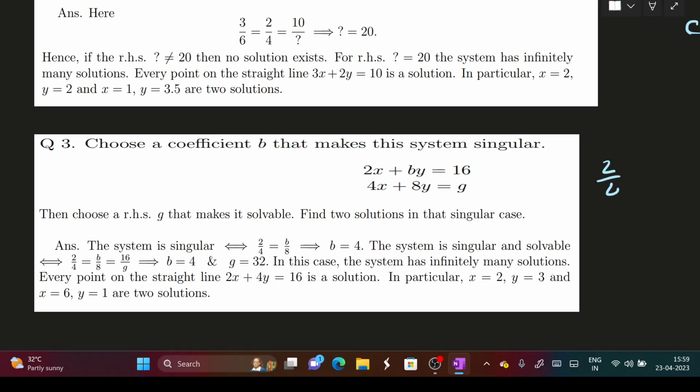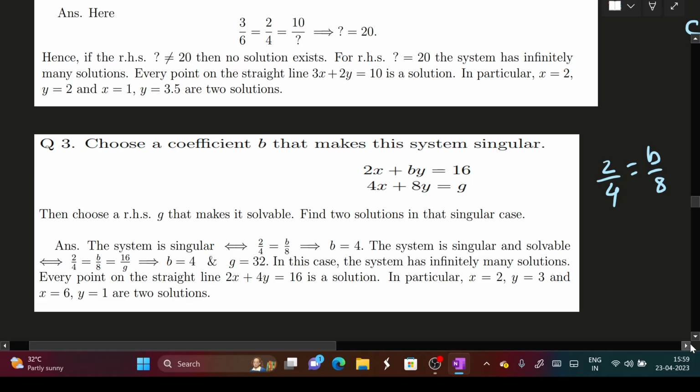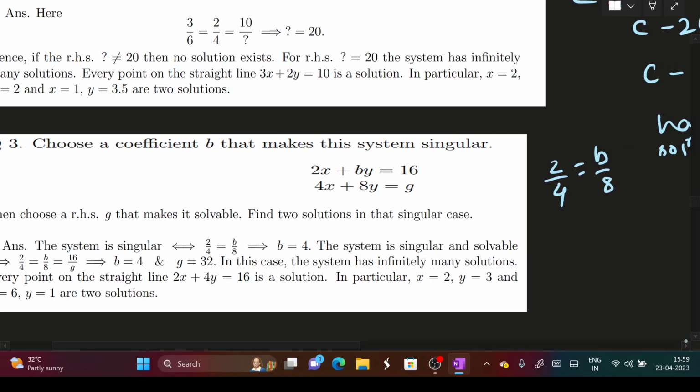2 by 4 is equal to b by 8, that implies b is 4, and that is equal to 16 by g. So here b is equal to 4, g is equal to 32 gives us a system of equations with infinitely many solutions.